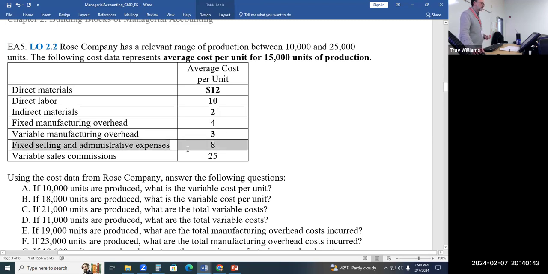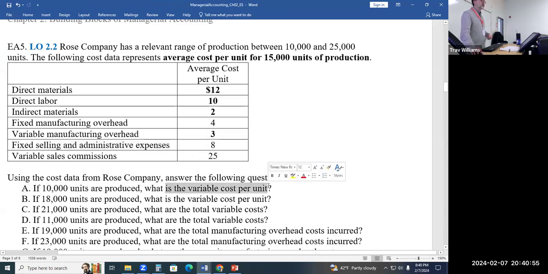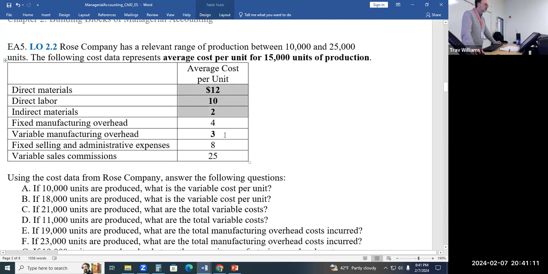Then we've got some fixed selling and administrative expenses. Again, those are fixed. And variable sales commissions, those are variable, but those are variable sales costs, not variable product costs. So to figure out the variable cost to produce these units, it's going to be direct materials, direct labor, indirect materials, and variable manufacturing overhead.